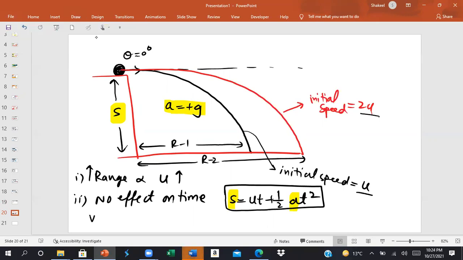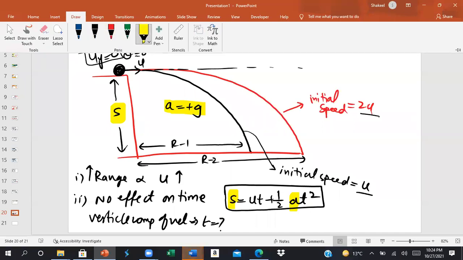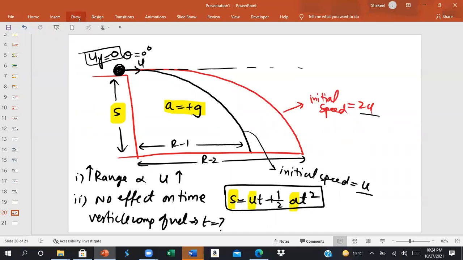The vertical component of velocity is used to find the time. And you know over here, uy is 0. It is projected with u, but the vertical component is 0 because it is moving horizontally. So we have the value of u and you need to find t.